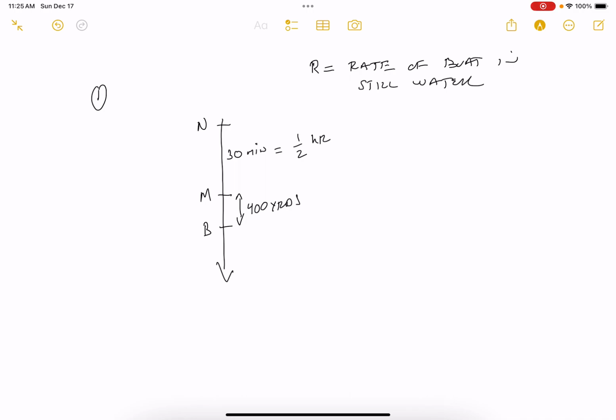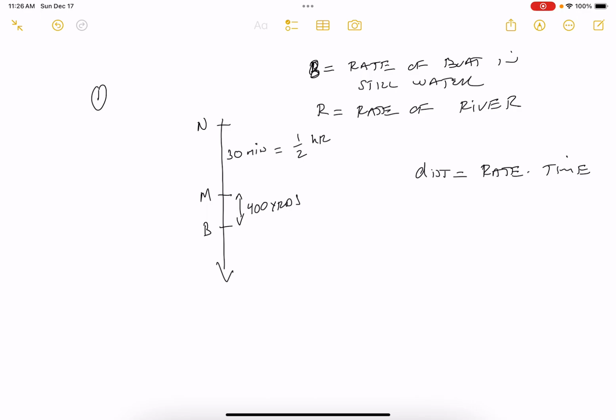I'm going to call that B. I'm sorry. The reason for that, that's boat. And then R is going to be the rate of the river. All right. Let's take a look. And I know this is going to be a distance equals rate times time problem.